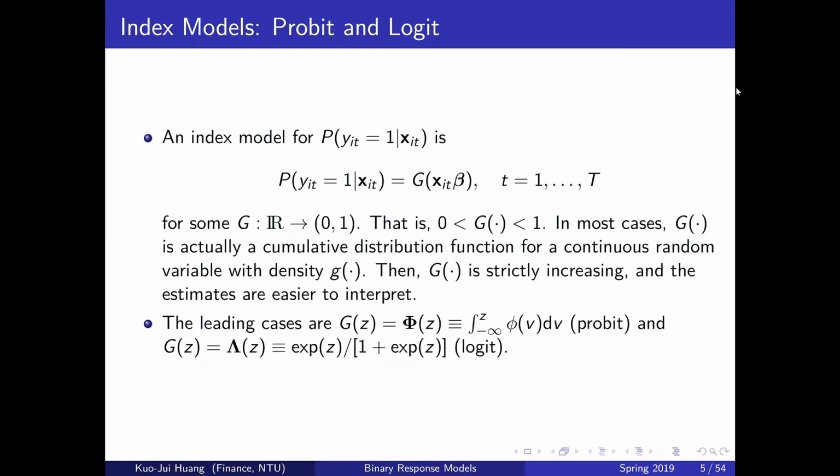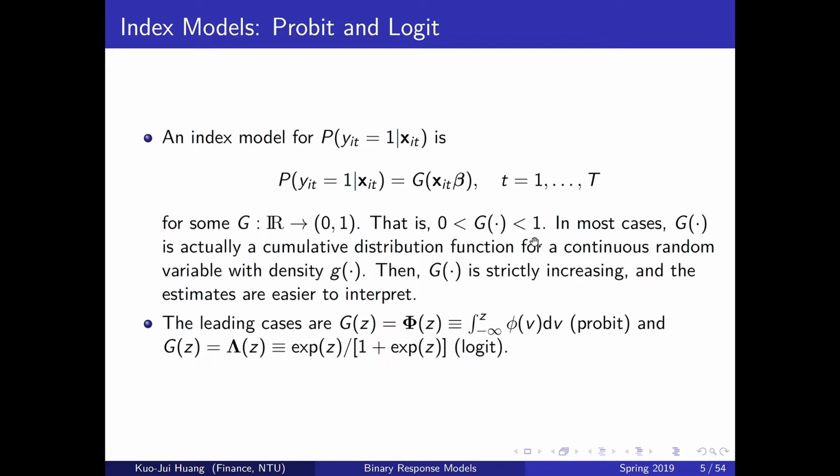Next, we will introduce index models, which include the probit and the logit model. The main difference between the linear probability model and the index model is that the index model employs a g function here. This g function has a range between 0 and 1, which makes sure that your values are between 0 and 1.